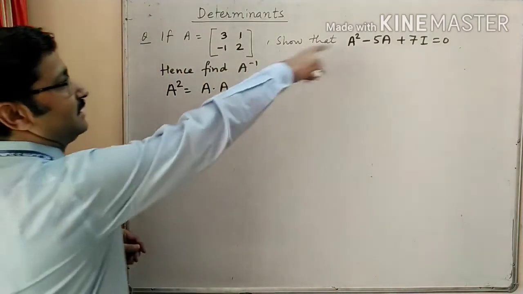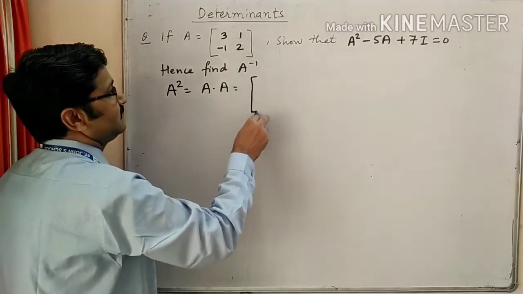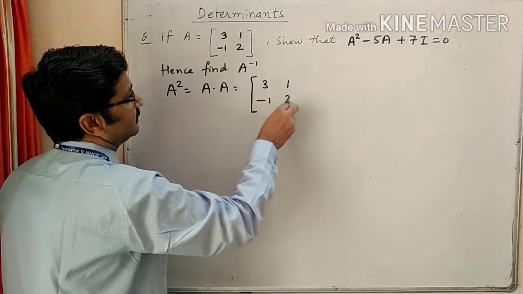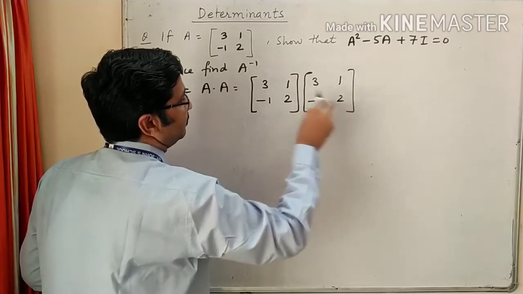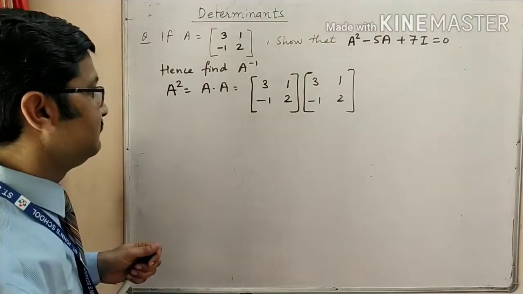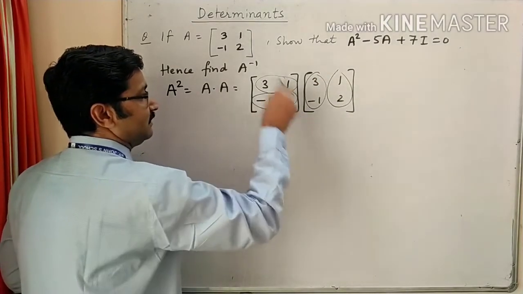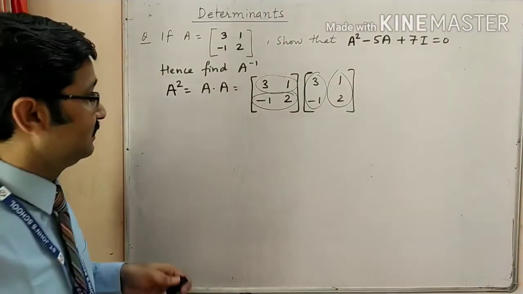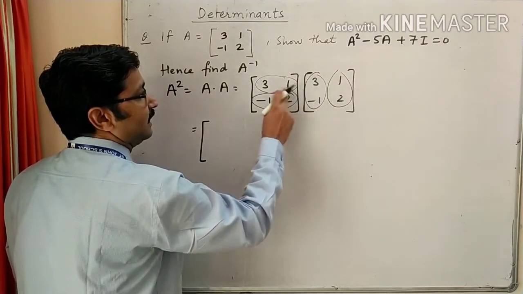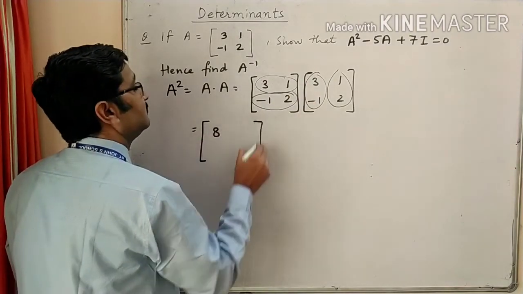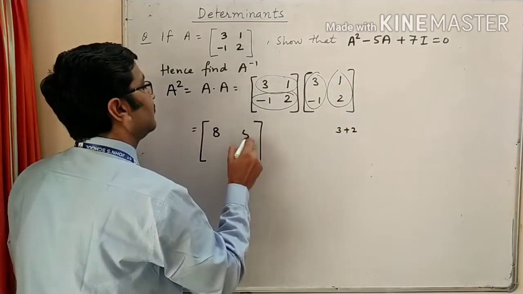First we have to show that this equation holds. So look here, how do we find A square? A square means A into A. A is 3, 1, second row minus 1 and 2. And again you write this A, 3, 1, minus 1 and 2, and you have to multiply. This first row you multiply by the first column and second column, then the second row also by the first column and second column. 3 times 3 is 9, 9 minus 1 is 8. 3 times 1 is 3 and 1 times 2 is 2, total 5.